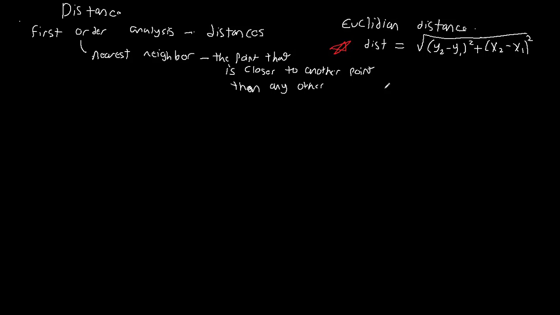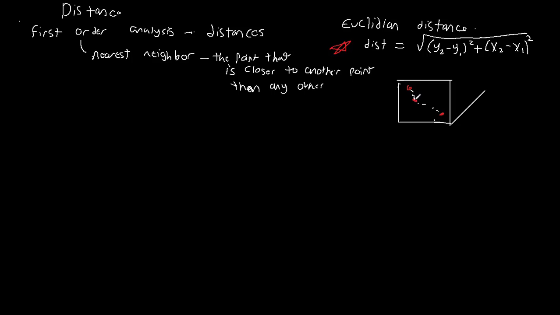Put another way, if we have a couple of points, the nearest neighbor of this point is going to be whatever point has the shortest distance between them.